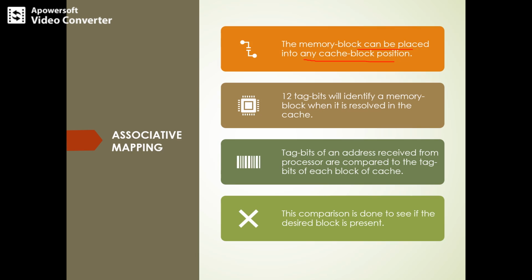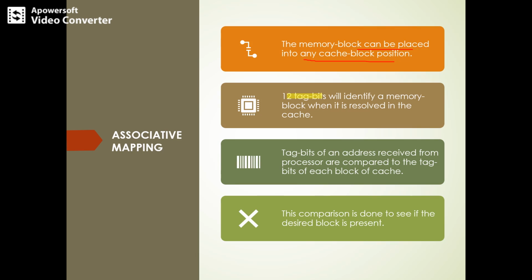If it matches, the respective block of the main memory can be mapped into the respective block of the cache. So we are using 12 tag bits.